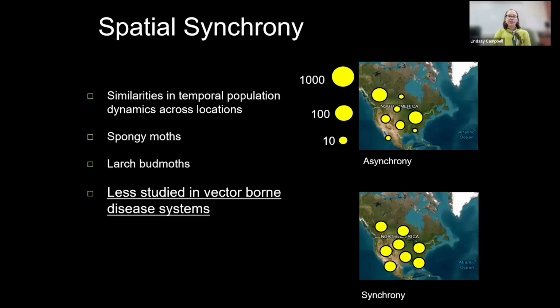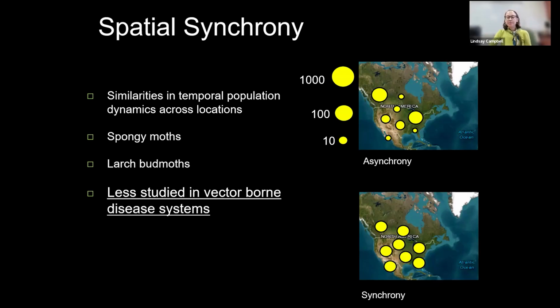Spatial synchrony is an ecological phenomenon where there are similarities in temporal population dynamics across locations. This has been shown in multiple systems where sometimes across really broad geographic areas there can be synchrony in these population dynamics.